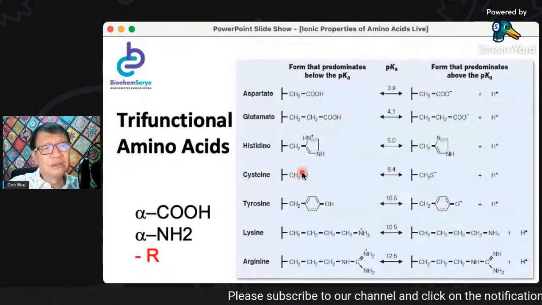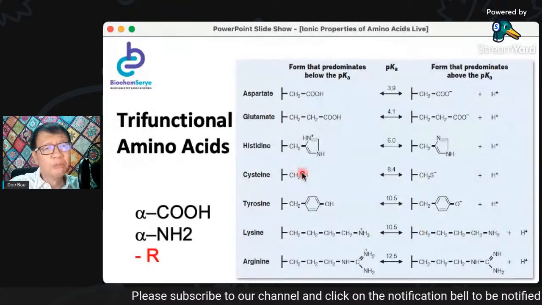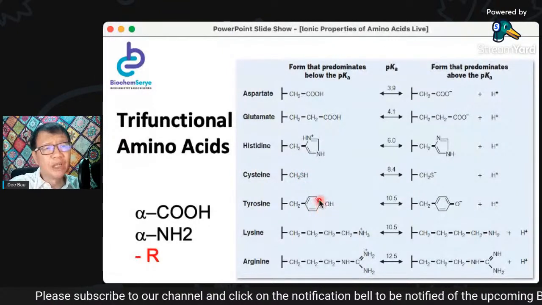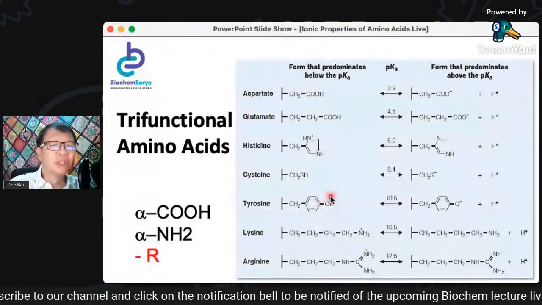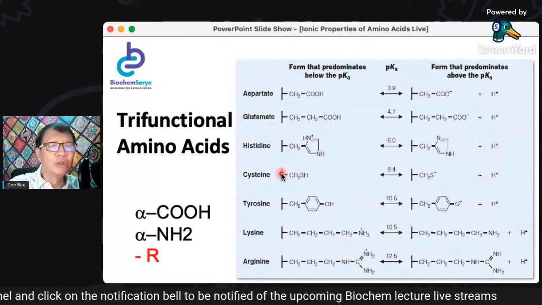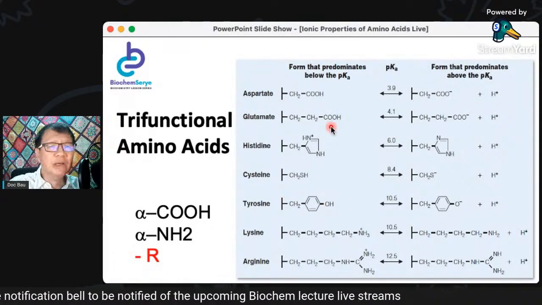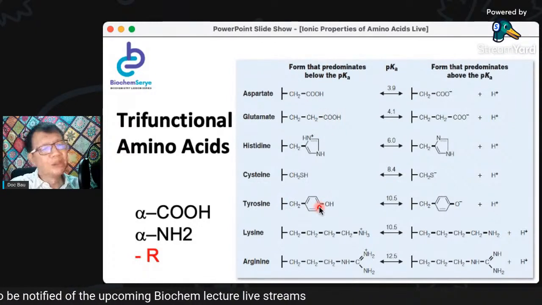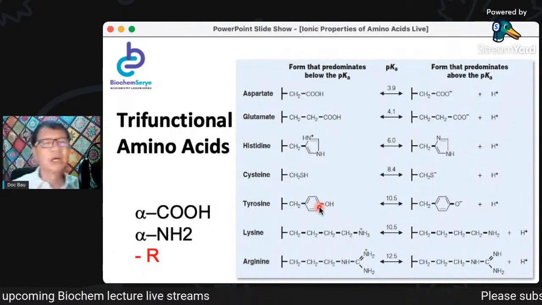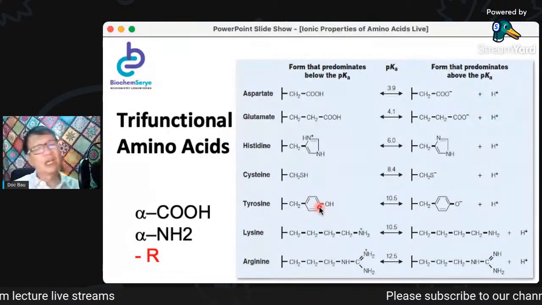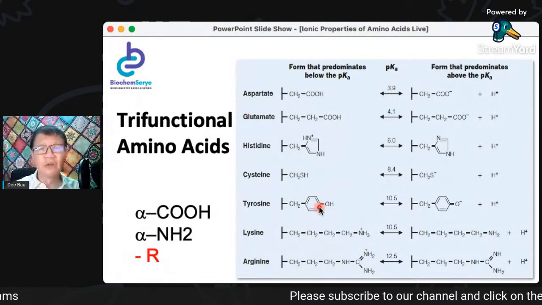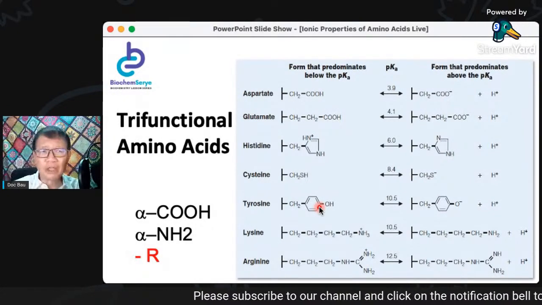And cysteine, you have your sulfhydryl group, and your tyrosine, you have your phenyl hydroxyl group. So 1, 2, 3, 4, you have your four acidic. Their third functional group can ionize. In other words, they can exchange hydrogen ion, either give it away or keep it. They're acidic.